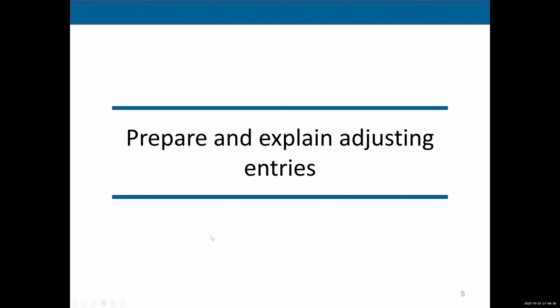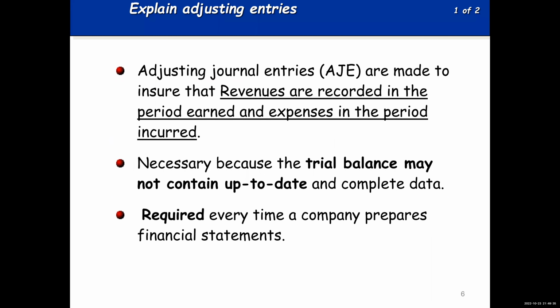Well, let's go ahead and explain what adjusting journal entries are. Adjusting journal entries are made to ensure that revenues are recorded in the period earned and expenses in the period incurred. In other words, when they happen, okay?